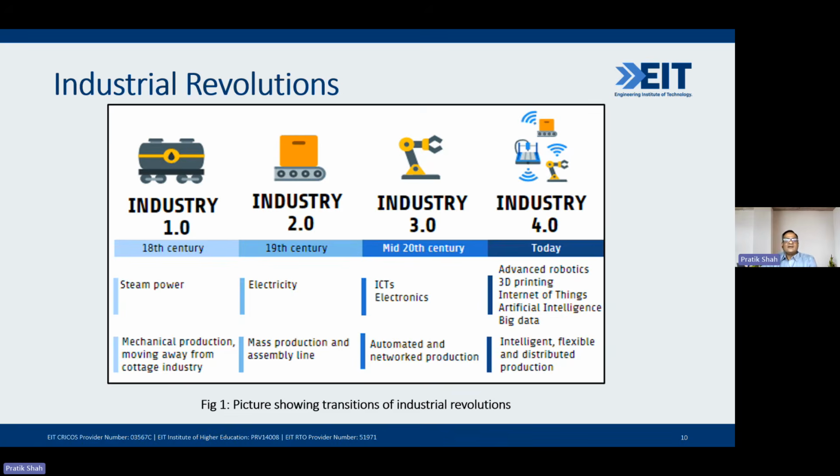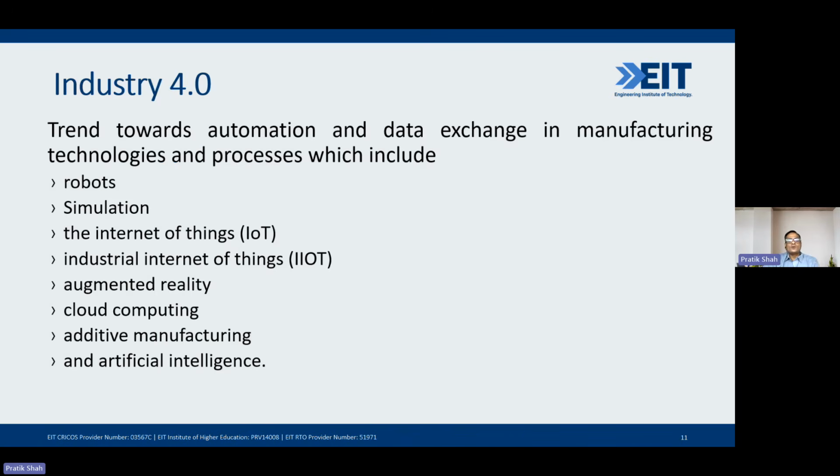As you are aware, Industry 4.0 comprises various aspects: robots, simulation, the Internet of Things, the Industrial Internet of Things, augmented reality, cloud computing, additive manufacturing, and artificial intelligence. These are the building blocks of Industry 4.0.